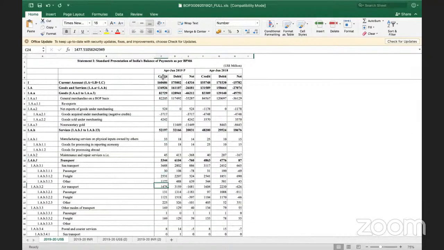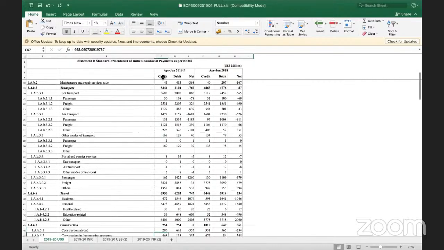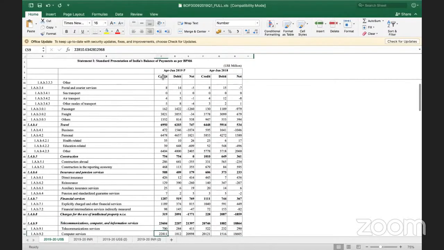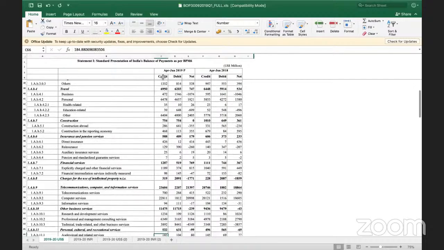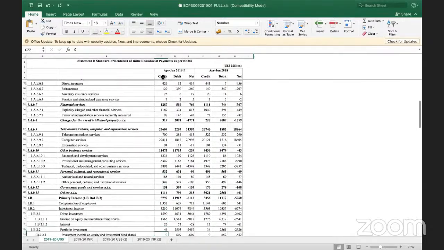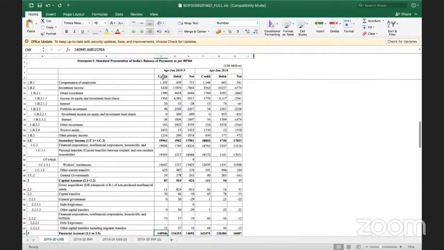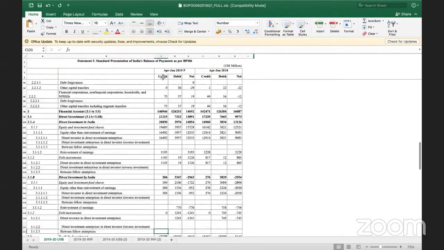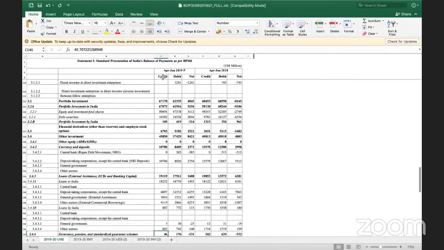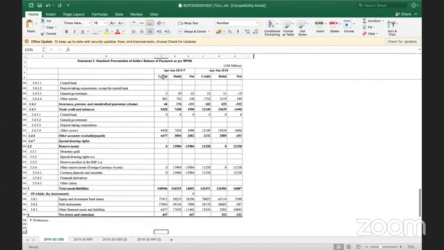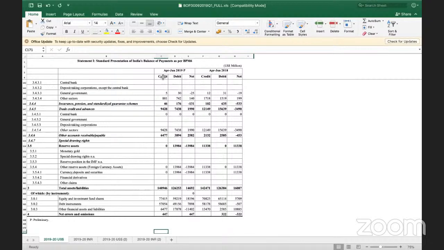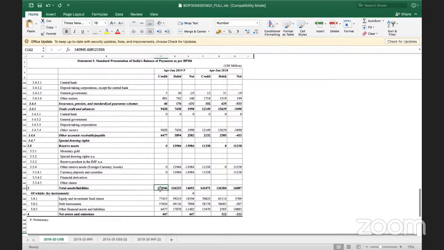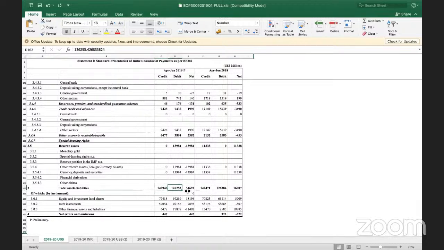The credits are through exports, right? Oh, not 122, it is 140. Yeah, credits are 140 and debits are 126.